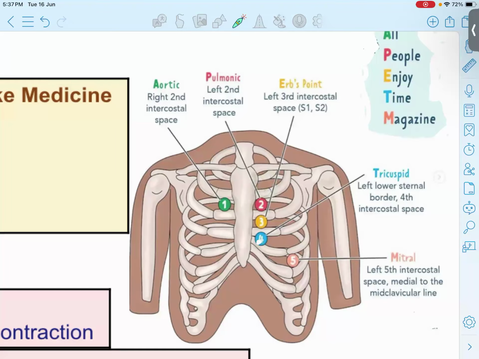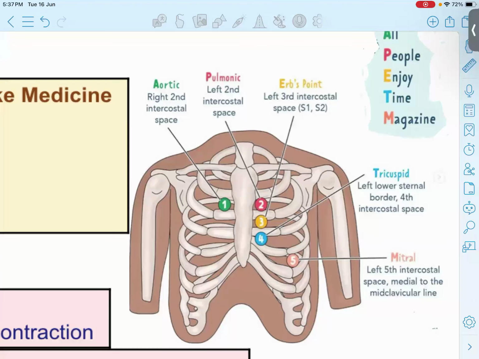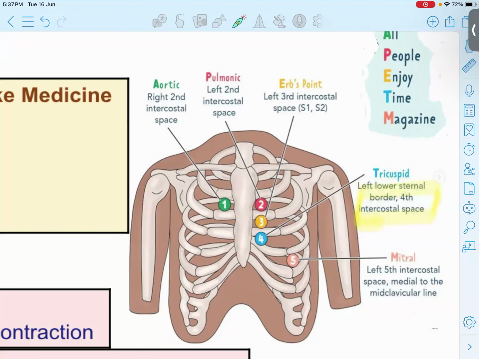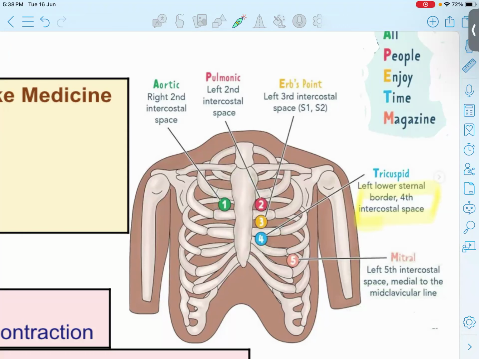And the tricuspid is also at the sternal border, but which side? It is the fourth intercostal space. Only the mitral valve is deviated, in the left fifth intercostal space, medial to the midclavicular line. These three are at the sternal border. Only the aortic is situated on the right side, and these three are on the left side.